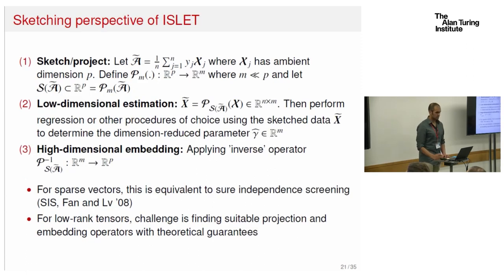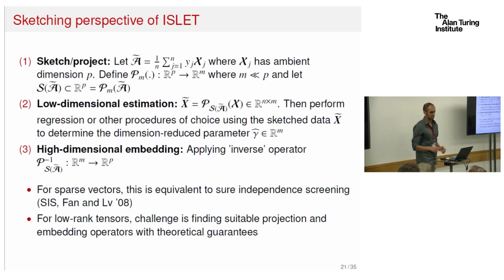Okay, so just to take a step back and give a different perspective of this algorithm. If you don't think about tensors at all, there's a very simple way to think about this algorithm, which applies to any sort of high dimensional statistics problem when you have low dimensional structure. So essentially the first step is to find the right sketching directions, or find a projection.